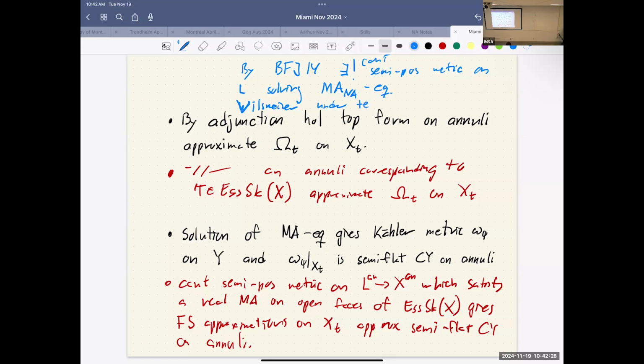Under a technical condition, this solves the real Monge-Ampère equation. So I think this makes people very excited.